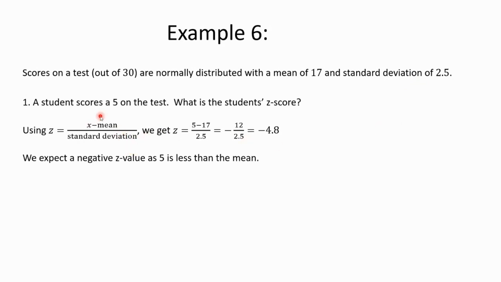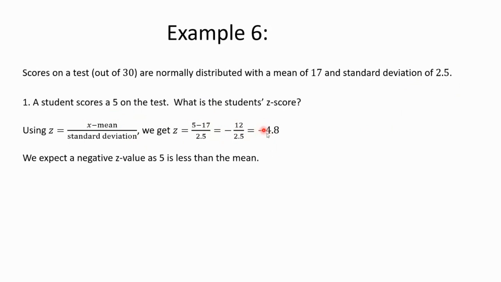We have x is 5 minus 17, the mean, over 2.5, the standard deviation. So we have 5 minus 17 over 2.5, which is -12 over 2.5, which turns out to be -4.8.